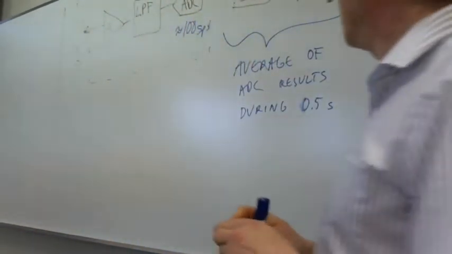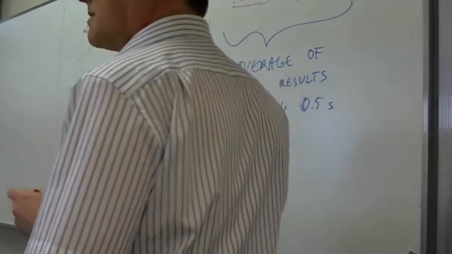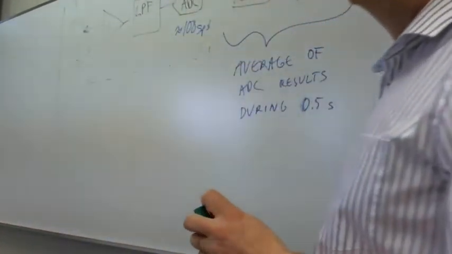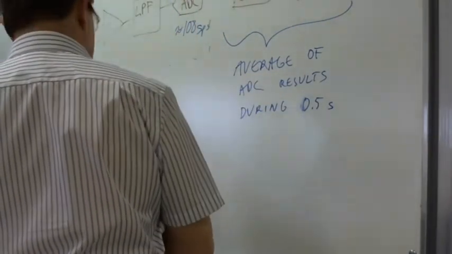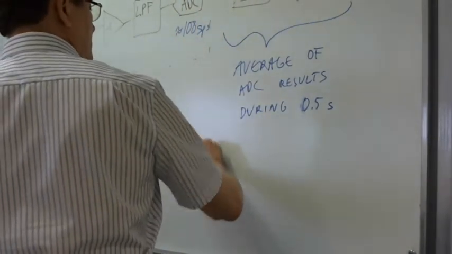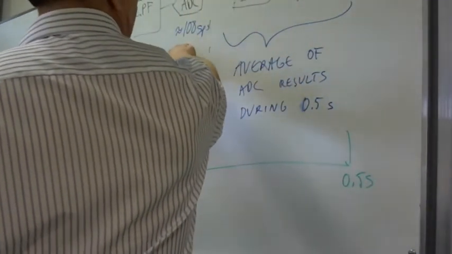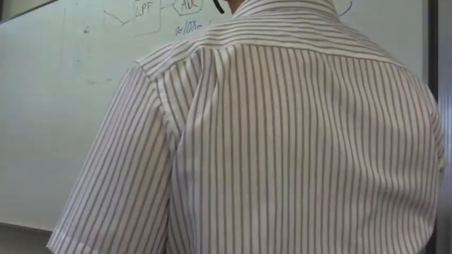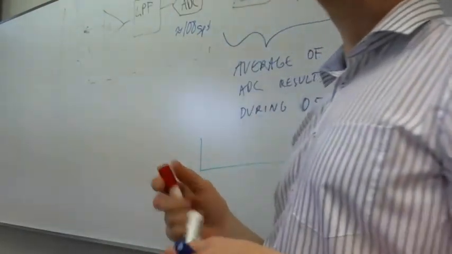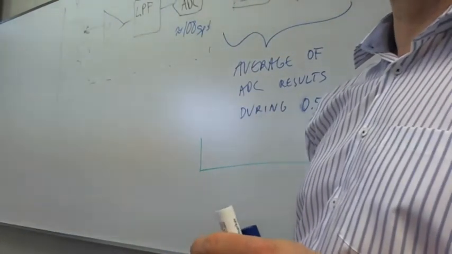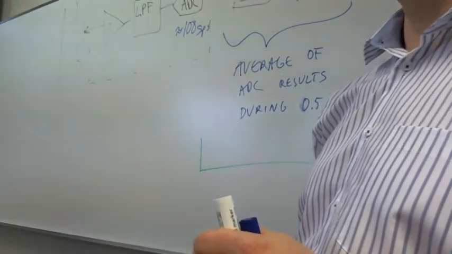If you cannot, then you just get the values as fast as you can. So that's 100 samples per second, and that's 0.5 seconds. So on half second, you get how many original samples?